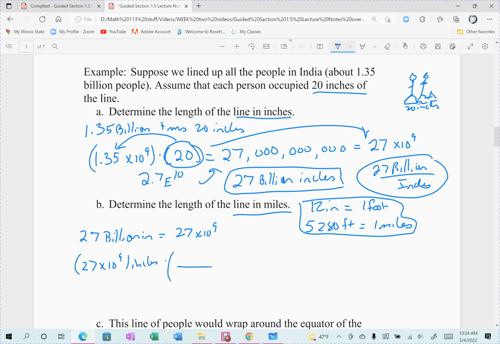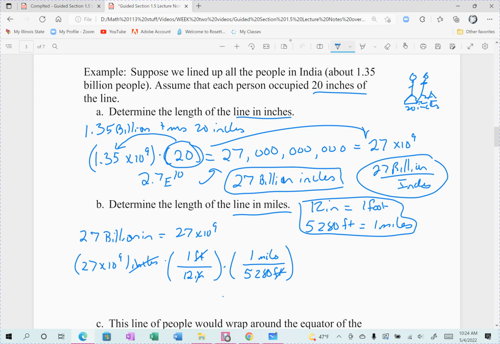First I have to convert inches to feet. For every 1 foot, there's 12 inches, so the 12 inches goes in the bottom and 1 foot goes in the top, so the inches will cancel. Then I'll write out the miles. For every 1 mile, there's 5,280 feet, so the feet cancel out and miles is what we're left with. So we take our 27 billion, divide by 12, or multiply by 1 over 12, and divide by 5,280, or multiply by that fraction.